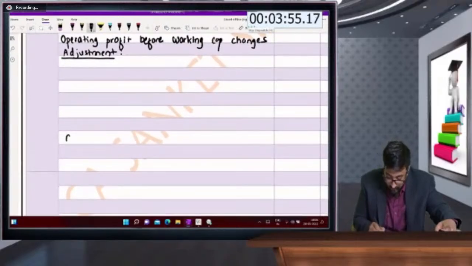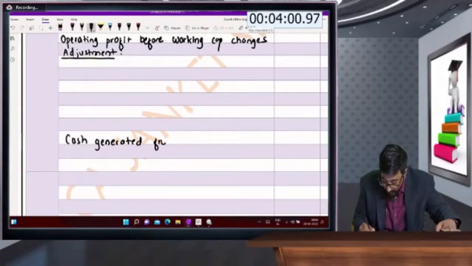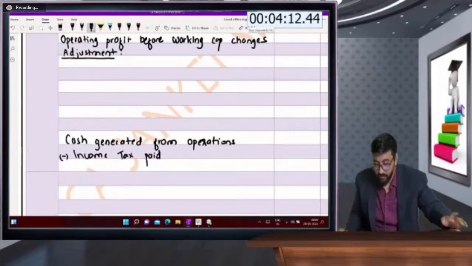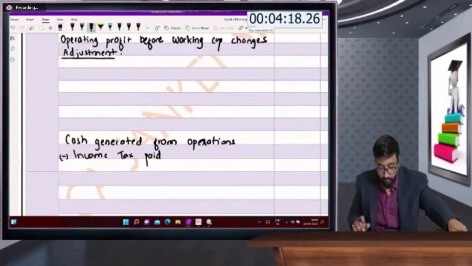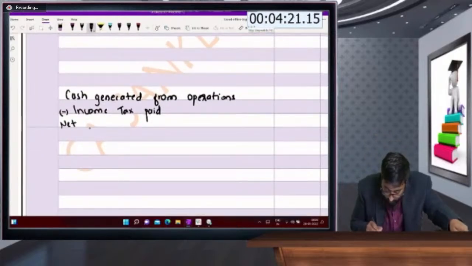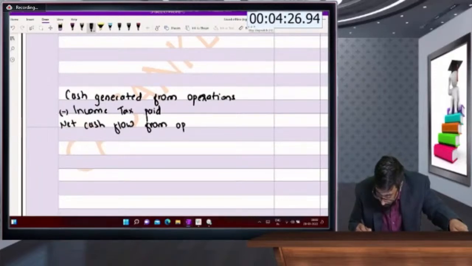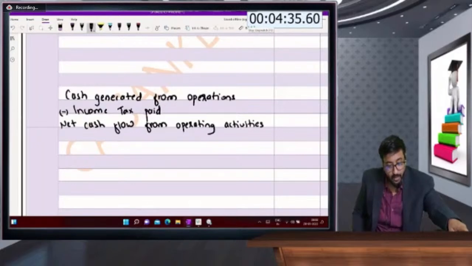After 6 lines, cash generated from operations, less income tax paid. Net cash flow from operating activities.